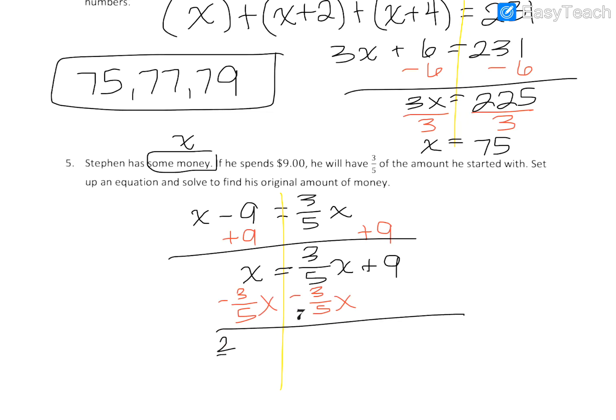Okay, so this gives me 2/5 x equals 9. Divide by 2/5. Which is 22.50.